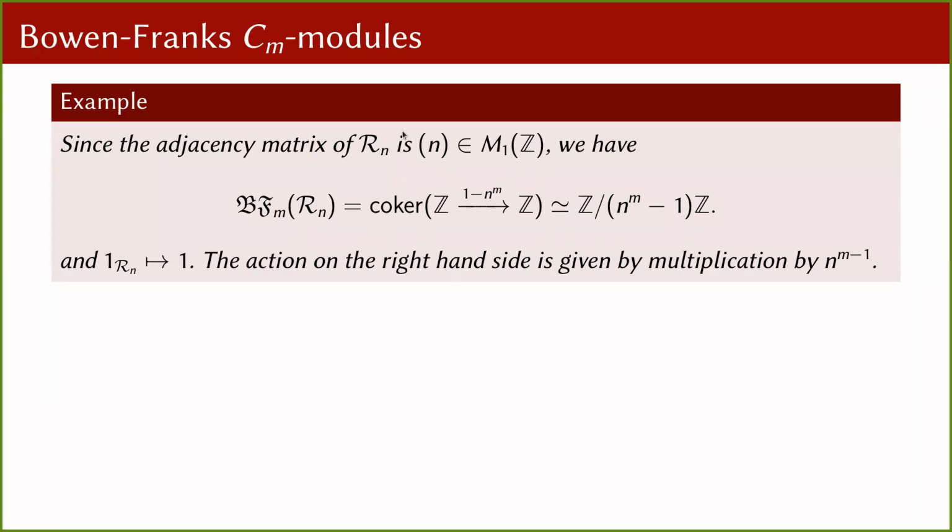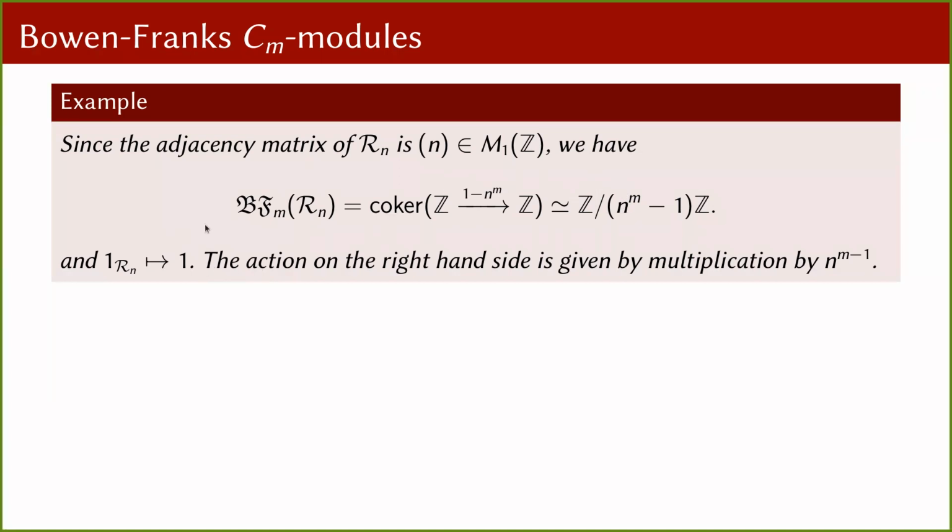Its adjacency matrix is a 1 by 1 matrix whose entry is the number of loops we're considering. Its Bowen-Franks Cm-module is the co-kernel of this endomorphism, which gives us the cyclic group of order n to the m minus 1. We can also check that the distinguished element of the Bowen-Franks Cm-module gets mapped to the element 1.